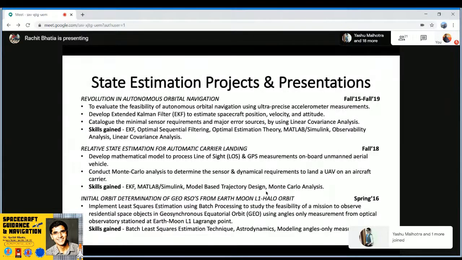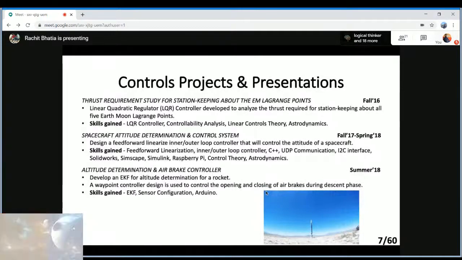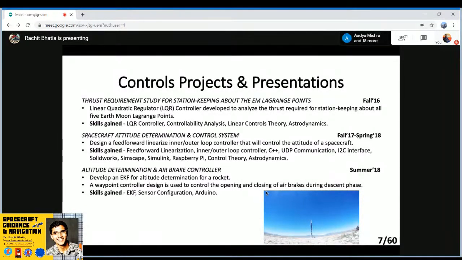I also worked on some controls projects. The previous project that I was talking about, the Earth-Moon L1 halo orbit observatory, I extended into a controls project where, now that we have an observatory, what kind of station keeping will be required for such an observatory up there?